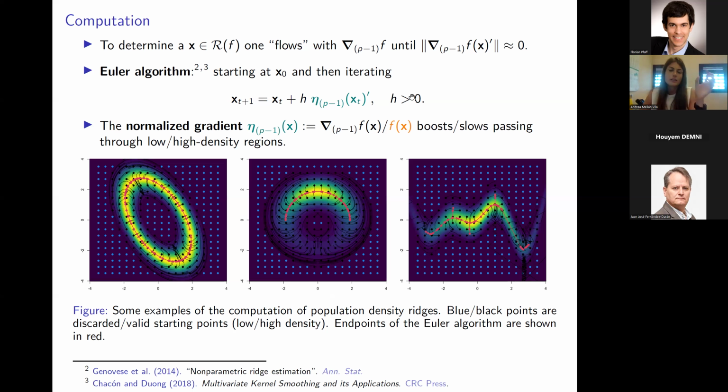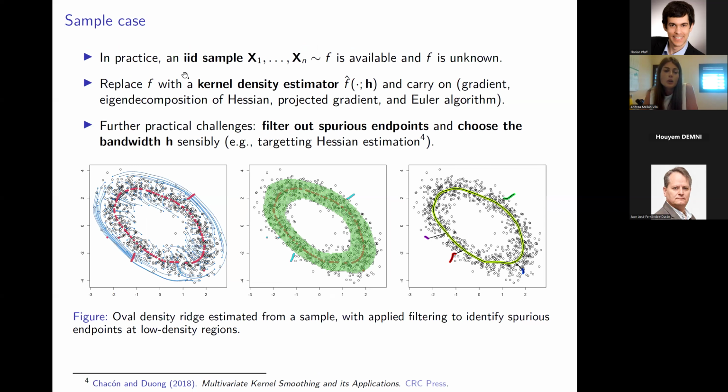Taking into account the definition that we have given, the density ridge depends on the gradient of f and also on the Hessian matrix of f. So depending on whether f is known or unknown, we have to take this into account. In the case that f is unknown, we have to replace the density f with an appropriate density estimator, such as the kernel density estimator.